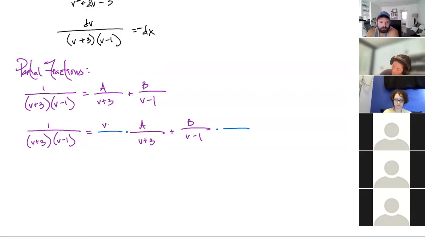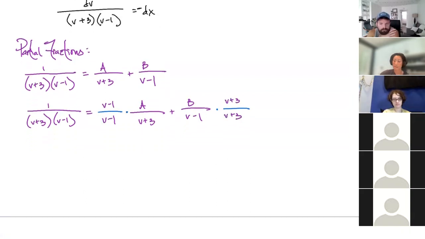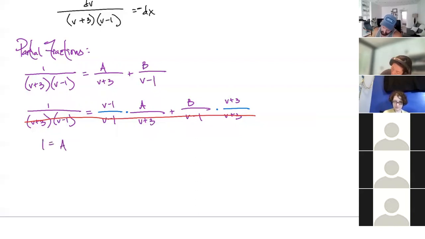And we're in fact going to say v minus 1 over v minus 1 because we don't want to change the problem, right? And similarly, for the second one, v plus 3 over v plus 3. Now, once we've got all the denominators on both sides equal, we say, I'm so glad I don't have to worry about you anymore. I'm only going to deal with the numerators. And so we get 1 equals a times v minus 1 plus b times v plus 3. Okay.